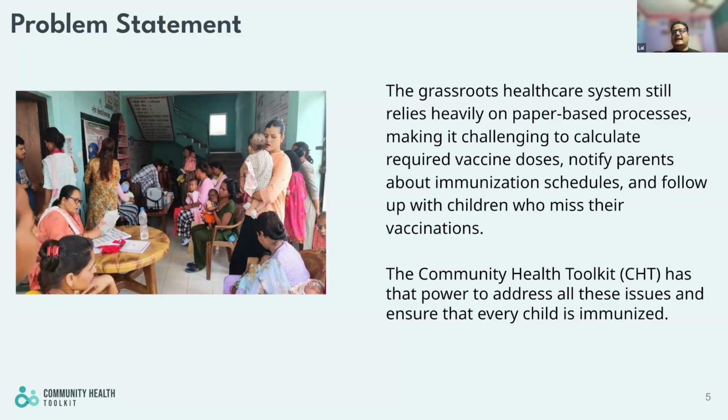It's also really challenging to follow up those children who miss the vaccines. This CST and SMS integration workflow has the power to address all these issues and make sure the children in their area are fully immunized.